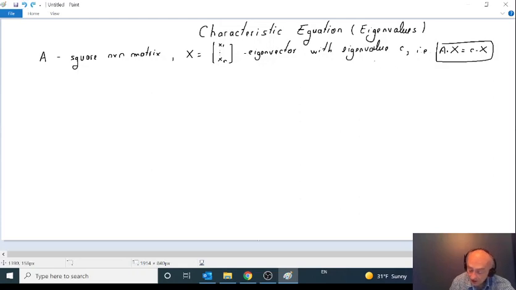And I'm going to assume that that corresponds to eigenvalue c, that is A times x is equal to c times x.